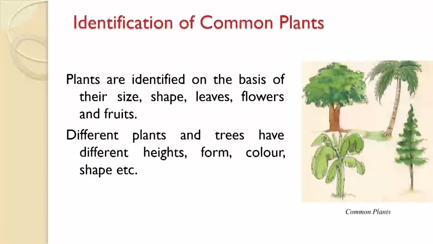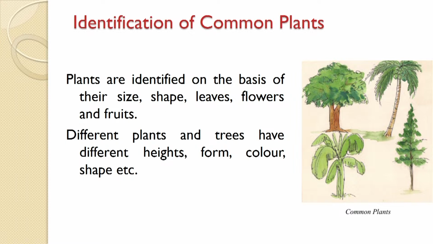So let's identify some of our common plants. A plant can be identified on the basis of its size, shape, leaf, flower and food. Various types of plants have different characteristics. Some have a special type of leaf, some have a special color, some have various shapes and heights, and the visual appearance is different from one another.